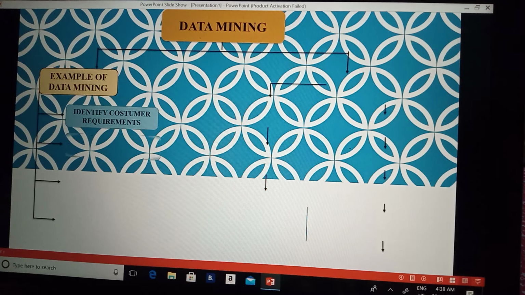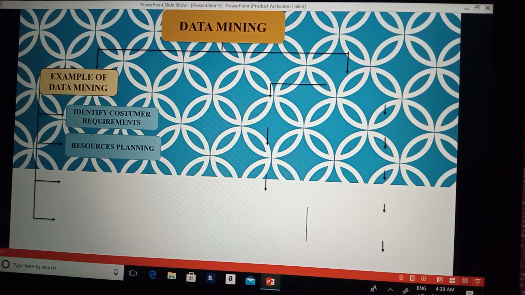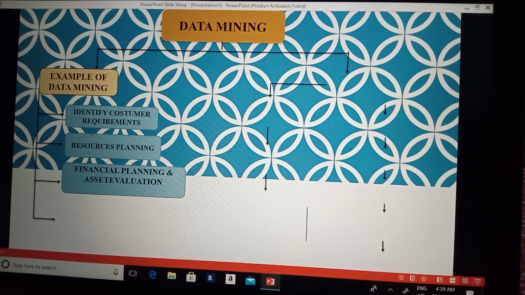Next one is resource planning. Resource planning is a process that helps to find the resources needed in order to achieve the optimum use of an organization's time and people. Next one is financial planning and asset evaluation.